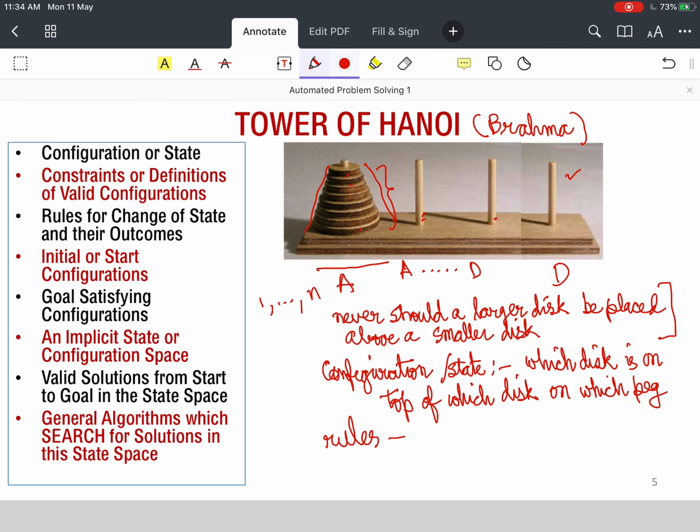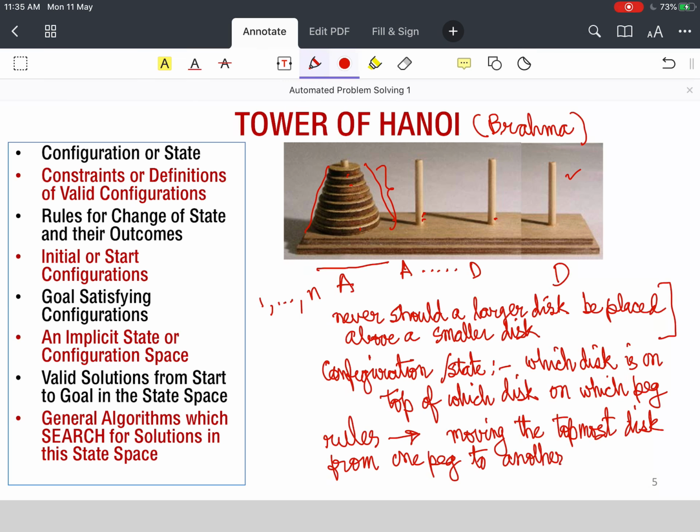The state transformation rules are moving the topmost disk from one peg to another. That means you can move a topmost disk from this peg to another peg, and if that was partially full, it will just go onto the top of that.